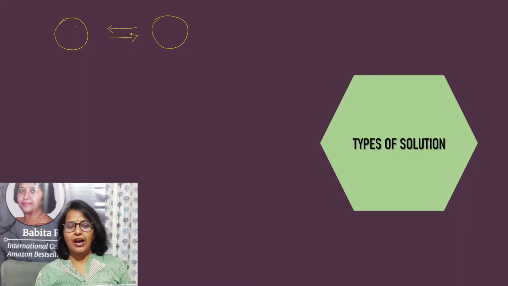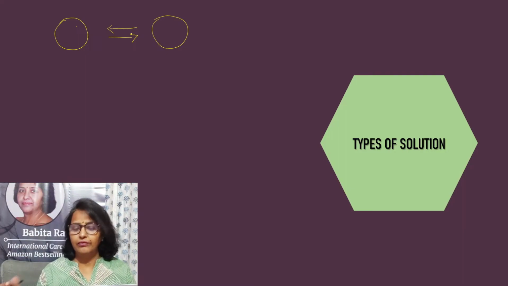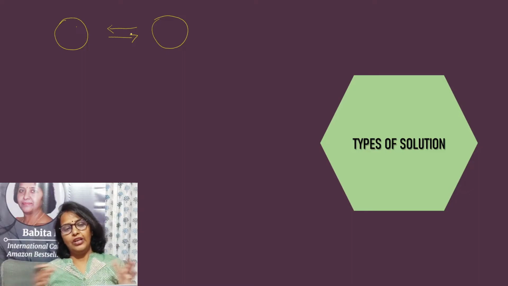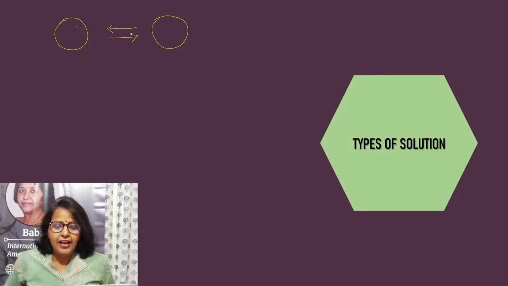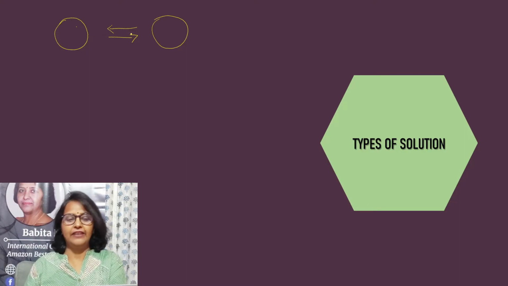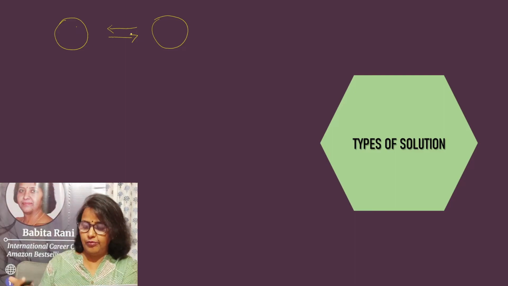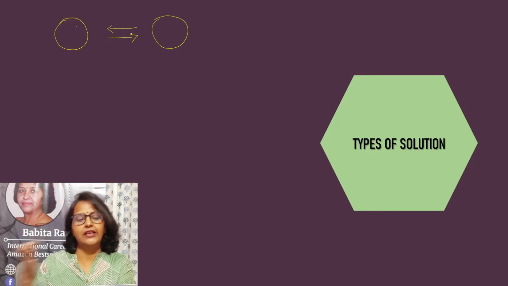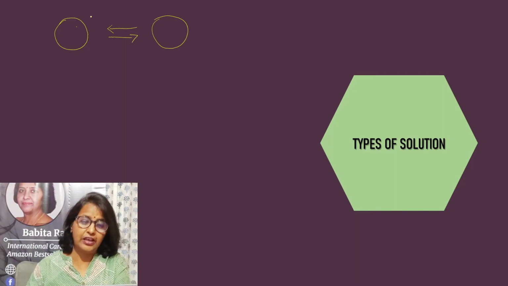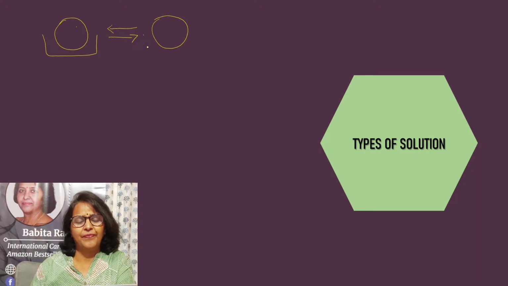But how do we decide what amount of water goes into the cell and what comes out of the cell? That will decide which of the processes has taken place, whether exosmosis or endosmosis. So suppose I have kept this in a beaker.